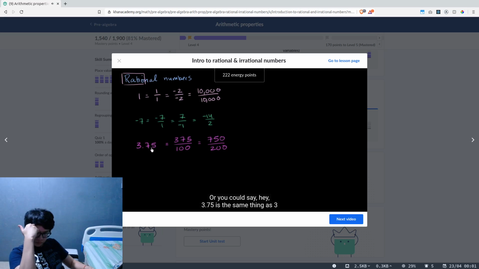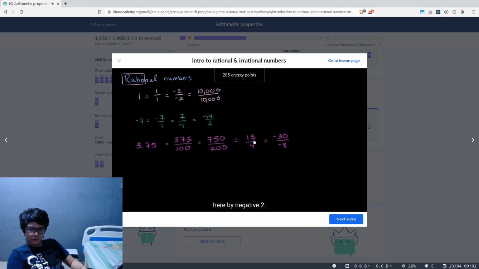Or you could say, hey, 3.75 is the same thing as 3 3/4, which is the same thing as 15 over 4. 4 times 3 is 12, plus 3 is 15. Or we could write this as negative 30 over negative 8. I just multiplied the numerator and the denominator by negative 2. But just to be clear, this is clearly rational. I'm giving you multiple examples of how this can be represented as the ratio of two integers.